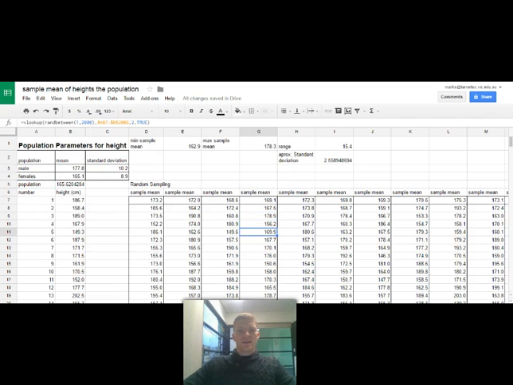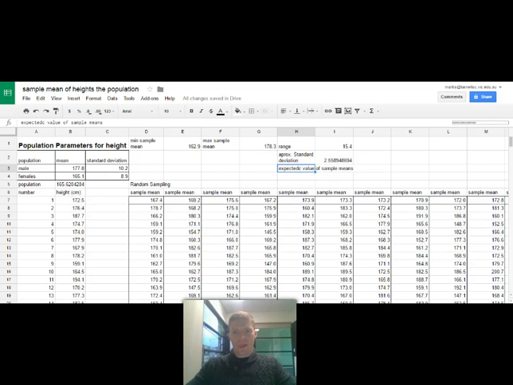Now what are we expecting to be the average of the average? What's the mean or expected value of the distribution of all our sample means? So let's work that out. Let's just wrap this text.